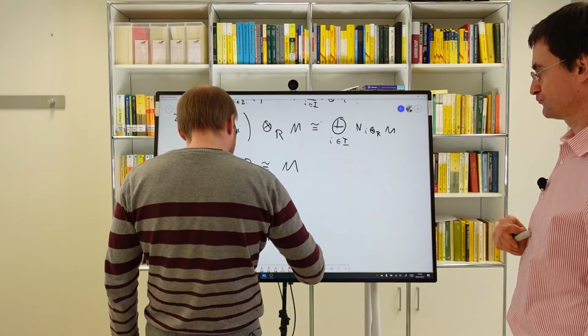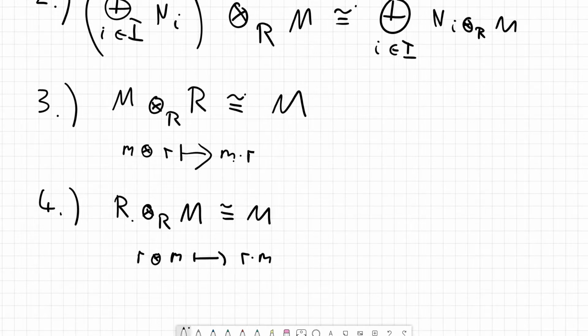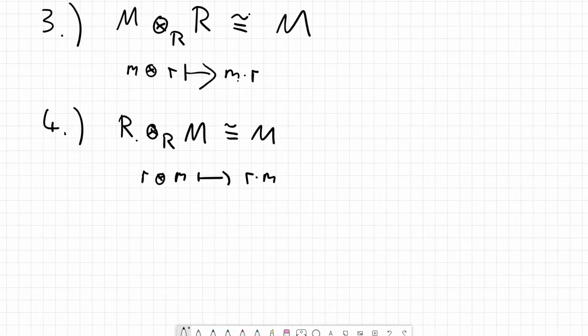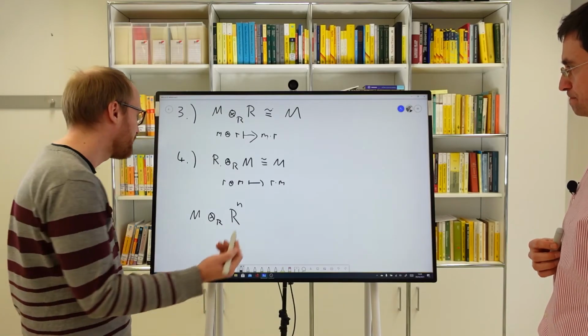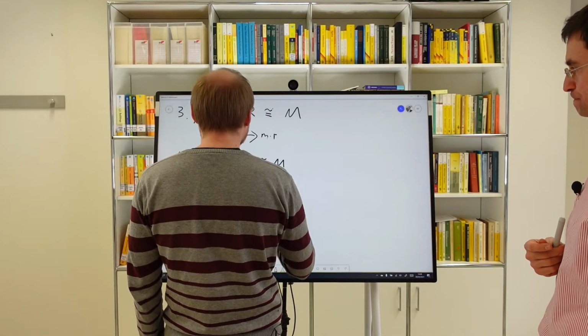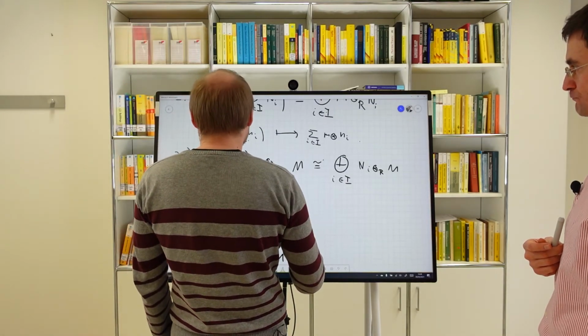And finally, we can also combine these properties. So for example, if we have M tensor_R with some free R module of rank n, then first of all, we can consider R^n as the direct sum of n copies of R and use the distributivity in property 1.